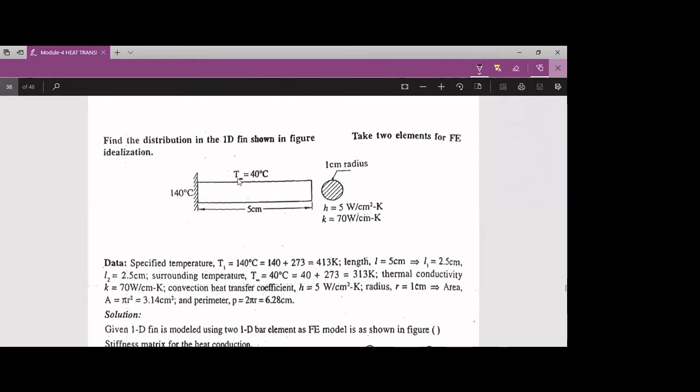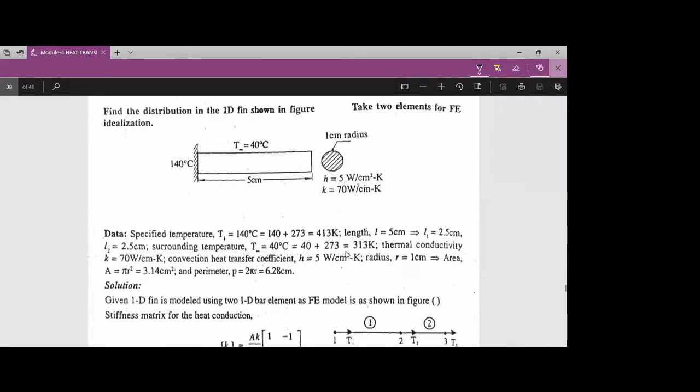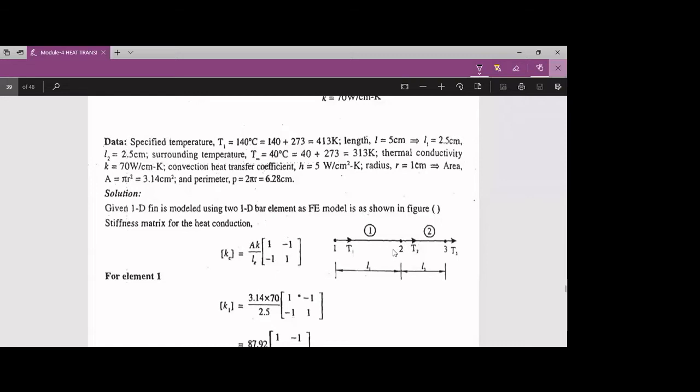According to their requirement, you can write the FE model here as discretized into two elements. The overall length, 5 centimeter, is divided into two equal spaces, that is, first Le1 and second Le2.